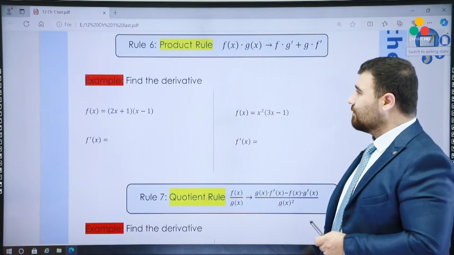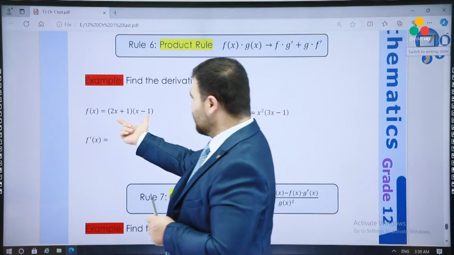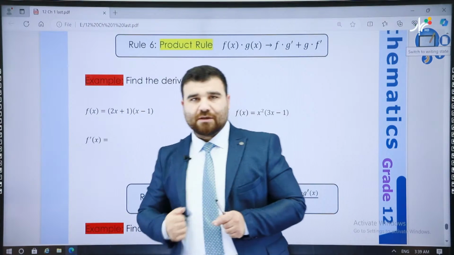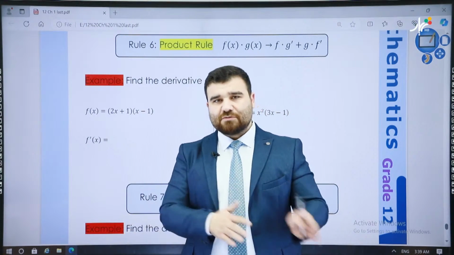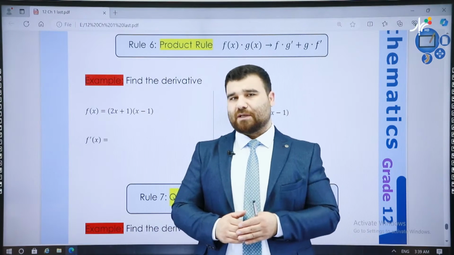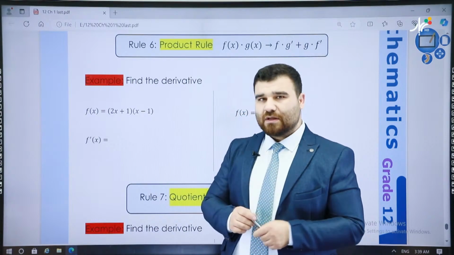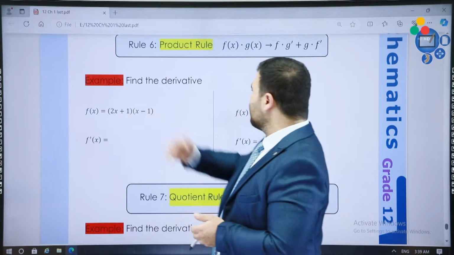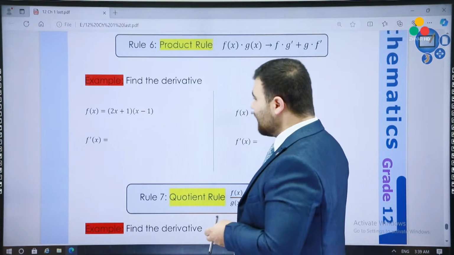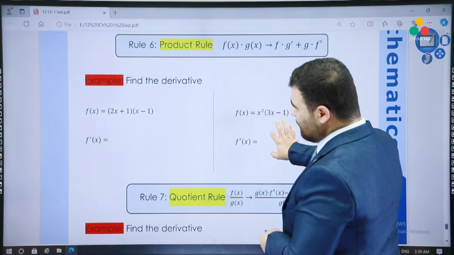Let's have an example. For multiplication, we cannot do derivative of each one separately. It's not like plus or minus. We should use the rule. The rule says, keep the first as it is, multiplied with the derivative of second. Let's do this.